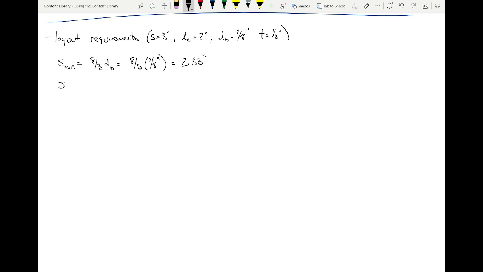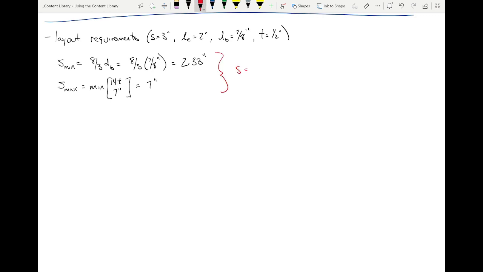Now, S max is what? It's the minimum of 2 things. What are those 2 things? You remember? It's 14 times the thickness, or 7 inches. Okay? Now, what's 14 times the thickness going to be? 7 inches, so it's going to be 7 inches, yeah. Now, do we meet these limits?